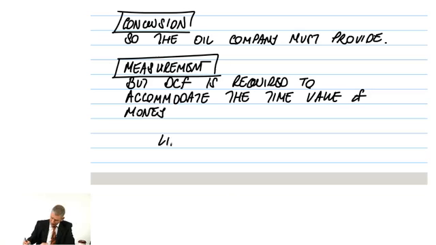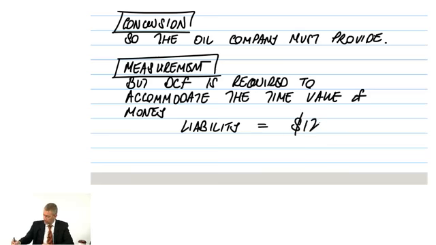And therefore the liability must be valued using basic time value of money discounting, which is 120 million divided by 1.1 to the power of 20.